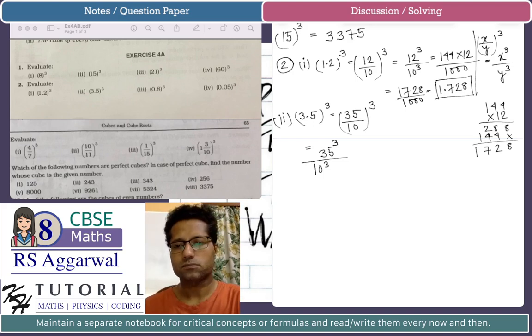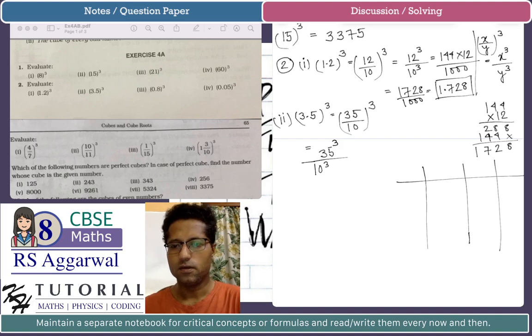So how do you find 35 cube? If you try to find it by normal multiplication, it will take a bit of time. So it's better if you quickly form the table using the column method. You need not write the names of the headings, you have to remember that mentally.